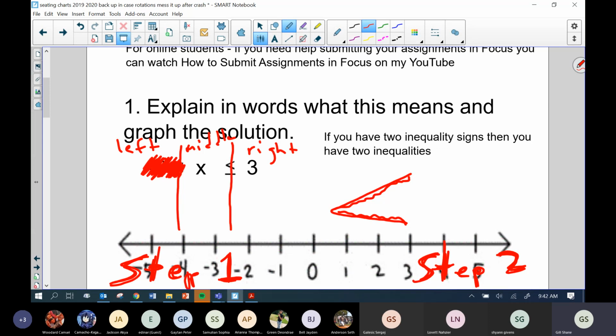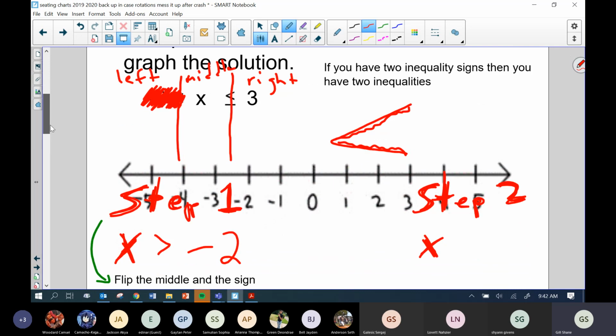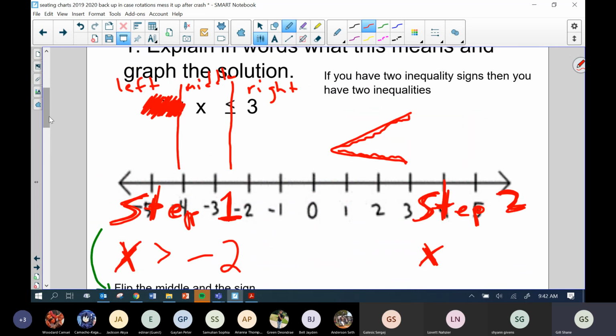So I need to flip. I'm sorry, I don't need to flip. Don't flip. I need to start with whatever's in the middle, which is always the way we say this phrase. So I would start, in this case, with just x, because that's all that's in the middle, and I would say x is less than or equal to 3. Well, how do I write that as an inequality?